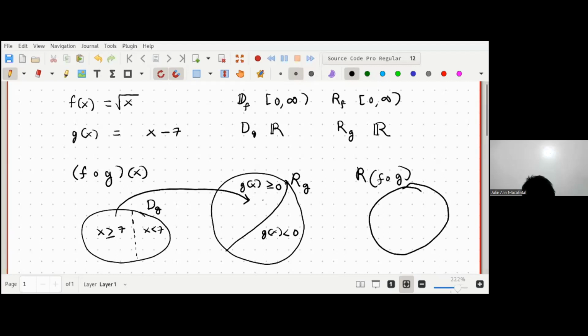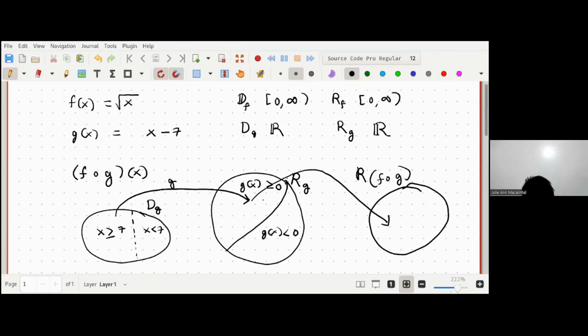And then since it's greater than or equal to 0, tatanggapin siya ng square root to give me a value na nasa range ng f circle of g. So ito, yung first step dito ay g.